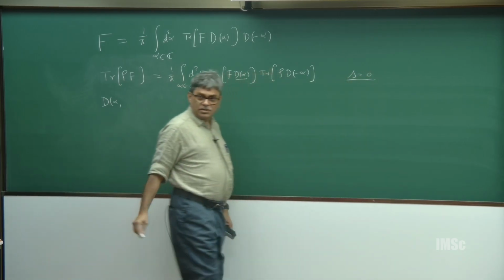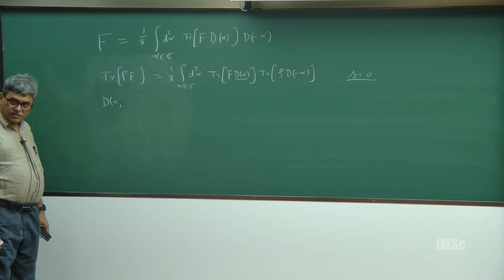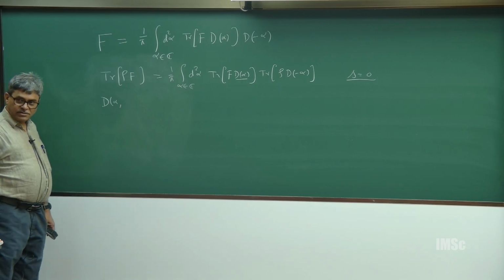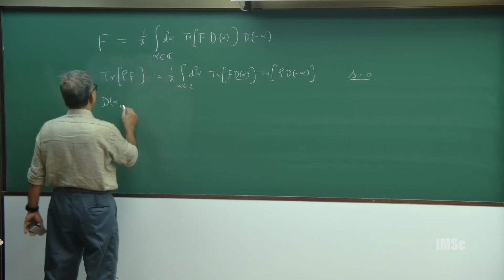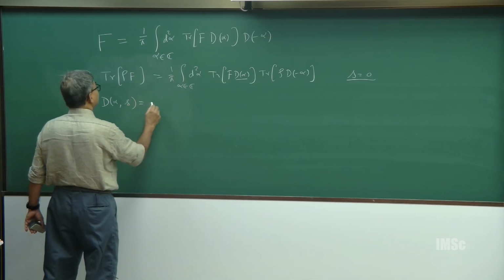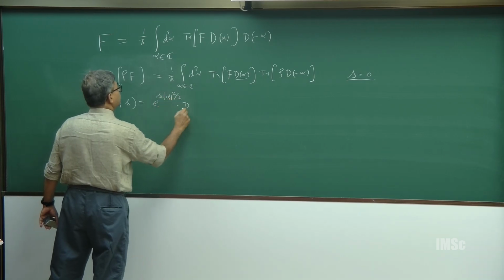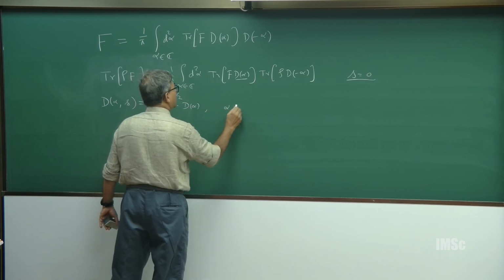If you want a way to represent an arbitrary function in terms of arbitrary s, we should start with arbitrary s. So what you can do is use D(alpha, s), which is e to the power s mod alpha square by 2 times D(alpha), where both alpha and s are complex numbers.